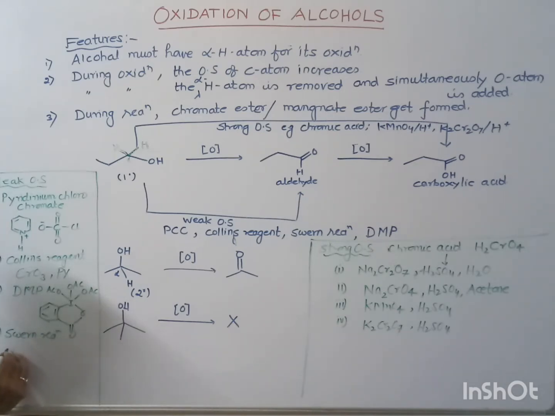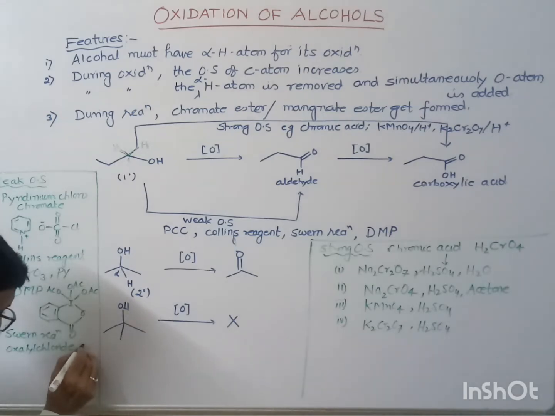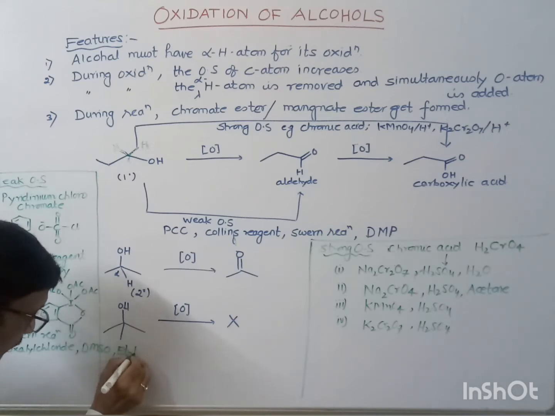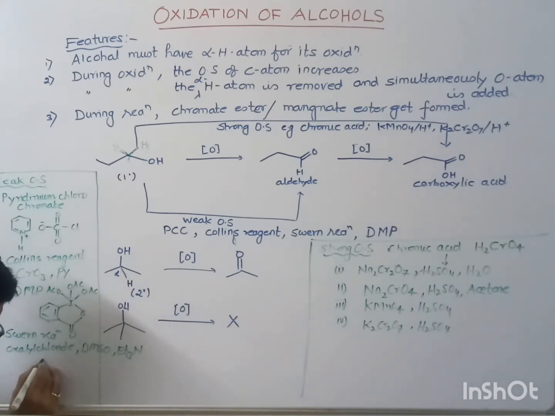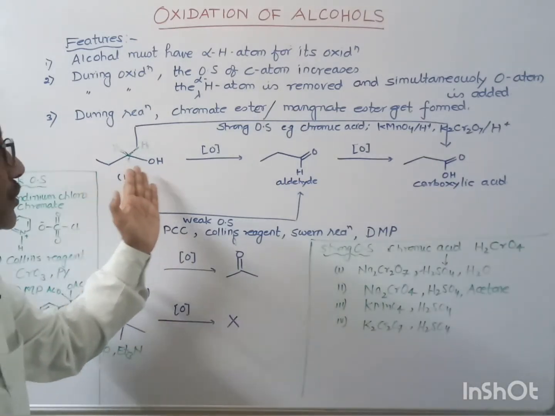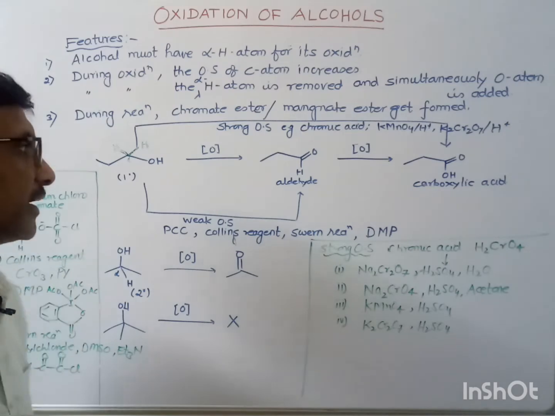We use oxalyl chloride in DMSO and triethylamine. This is the structure of oxalyl chloride. Either of these may be used. These are some of the weak oxidizing agents which stop the oxidation at the aldehyde stage.